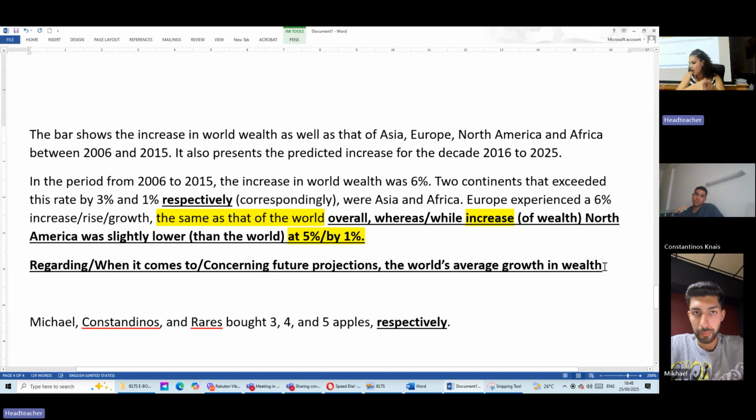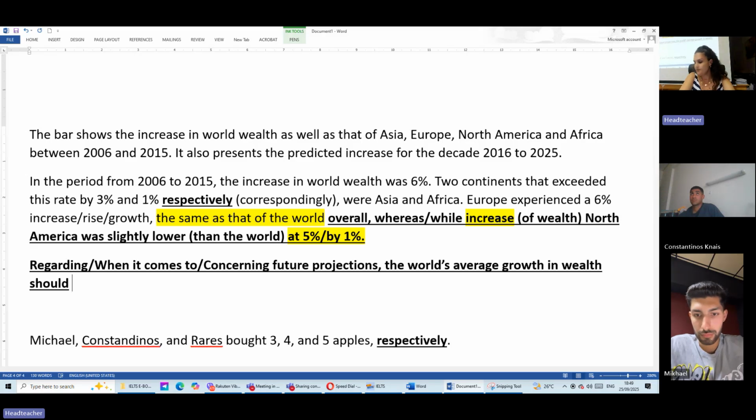Now we have to show that we can use words to refer to the future, hypothetically. So the world's average growth in wealth is expected, is supposed, should, okay? So should reach, it should reach what number?